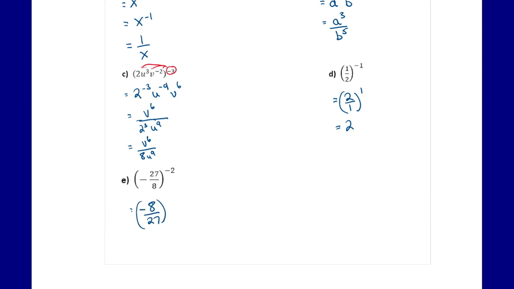I don't change the sign in the base, I just flip it, and it becomes a +2. This exponent 2 applies to both parts, so this works out to 64/729, and because one of them was negative, a negative times a negative is a positive.